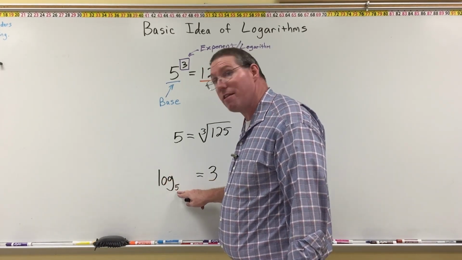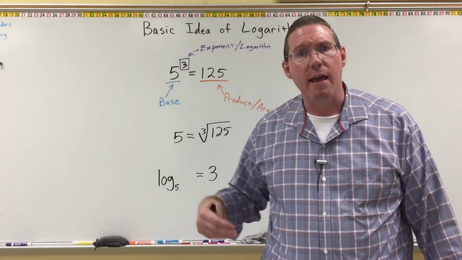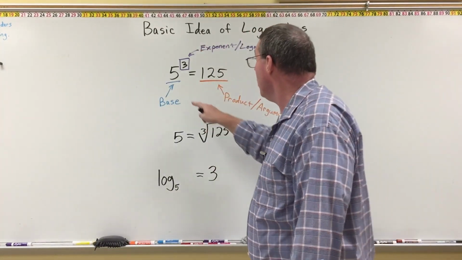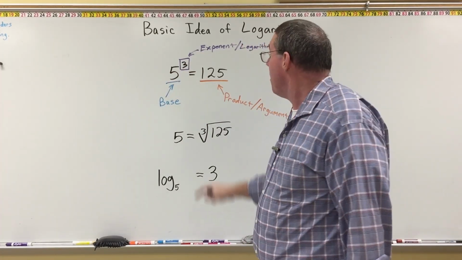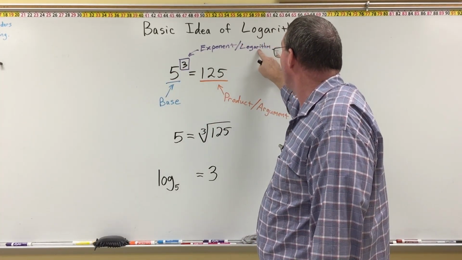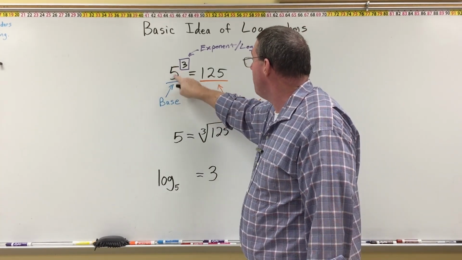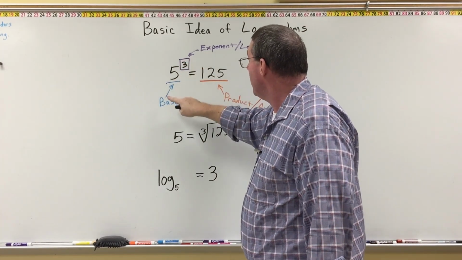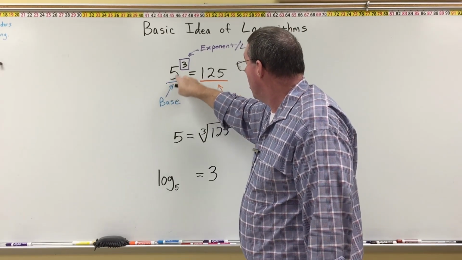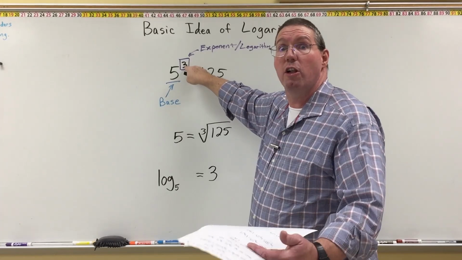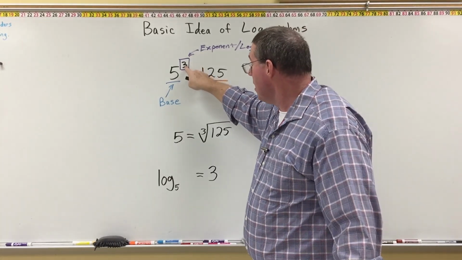Why do we say base 5? Because the base of the exponent is 5. But remember, an exponent is also a logarithm. So we can say that the base of the logarithm is 5.